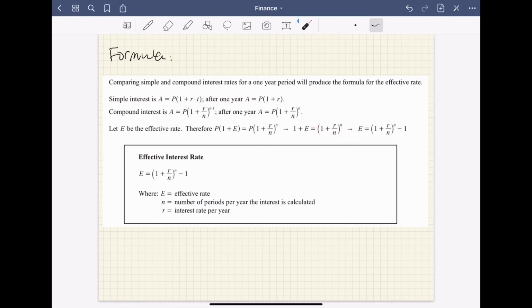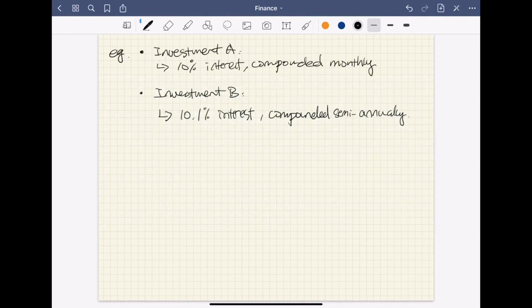So then E is equal to this minus 1, where E is the effective interest rate and N is the same as the N in the compound interest formula, so the number of periods per year. And R is the interest rate per year, which is also called the nominal interest. Okay, now we know the effective interest rate formula.